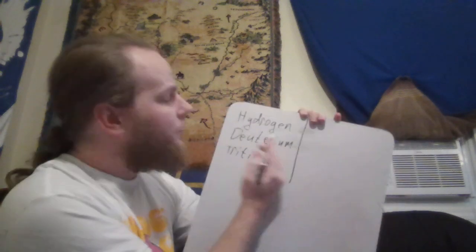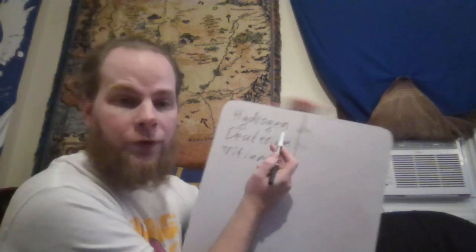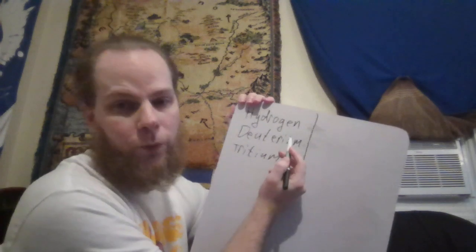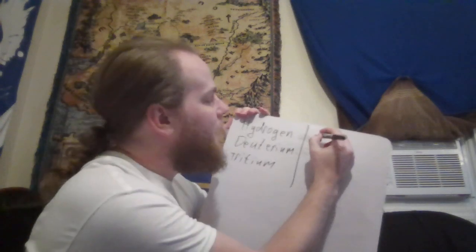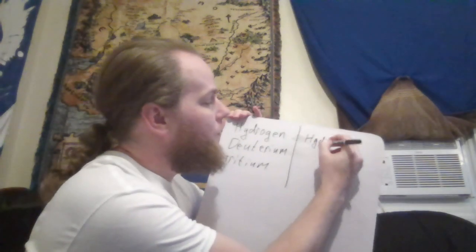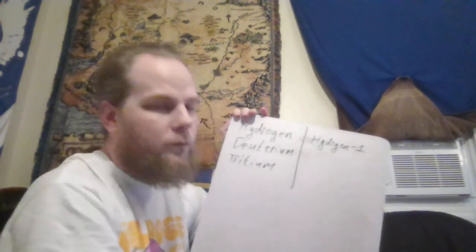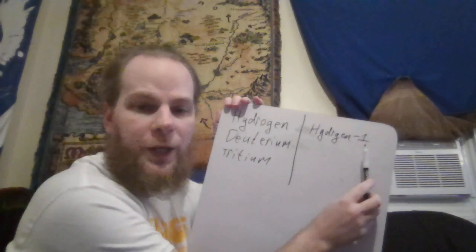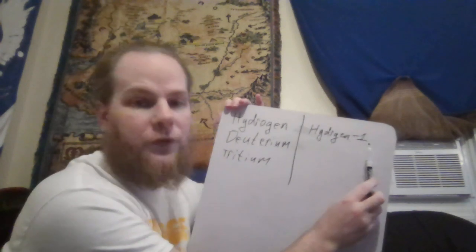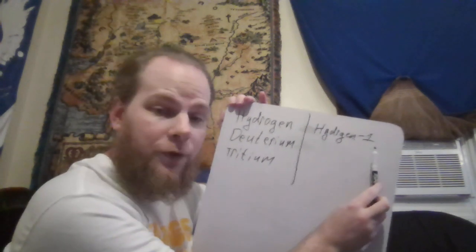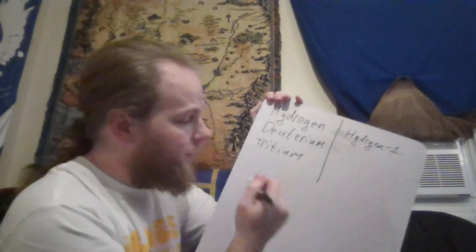So hydrogen with no neutrons, its standard isotope notation would be hydrogen-1, where this 1 is something called the mass number. The mass number is something else we haven't talked about yet, so I'm going to write that down here.